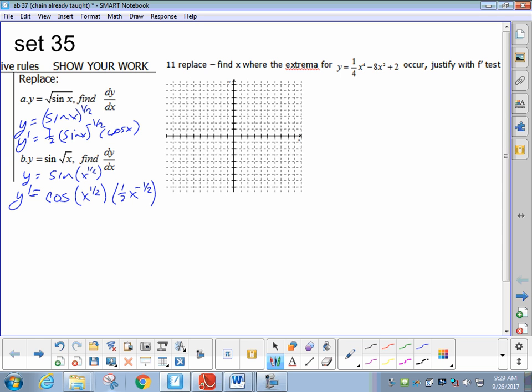The good news is, it actually only takes about 4 more seconds to write a complete sentence instead of some nonsense like max, y prime positive negative. That's not a complete sentence. I'm sorry, that's atrocious. First of all, it doesn't even have a subject. So you need to just take a second and do it well.